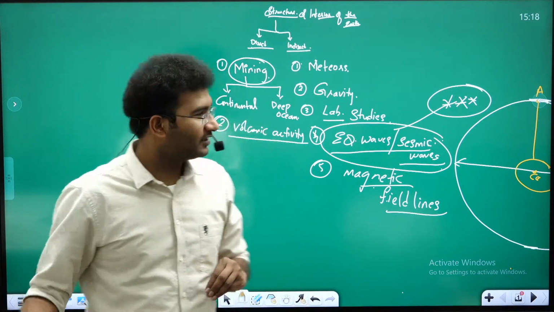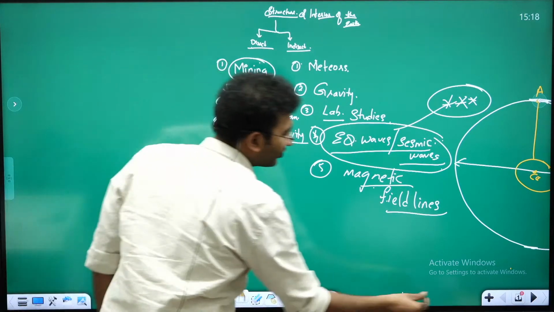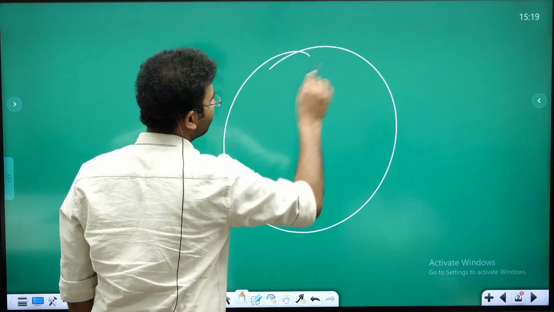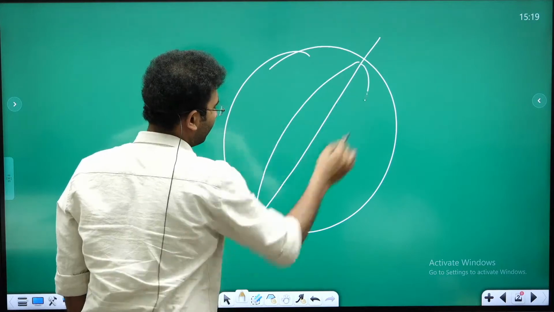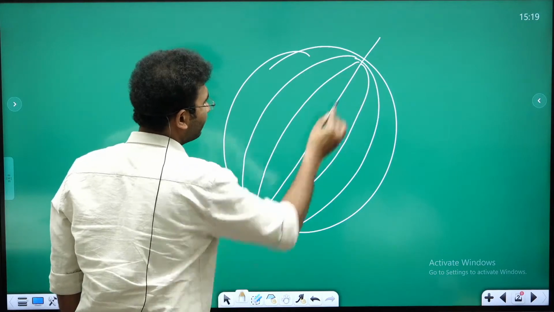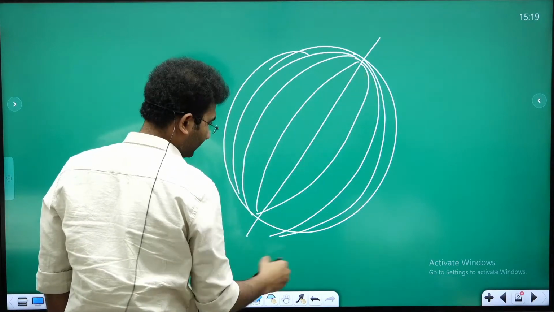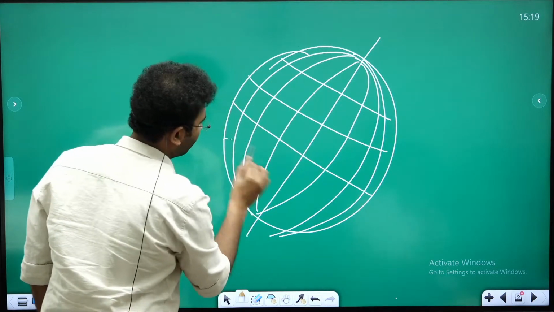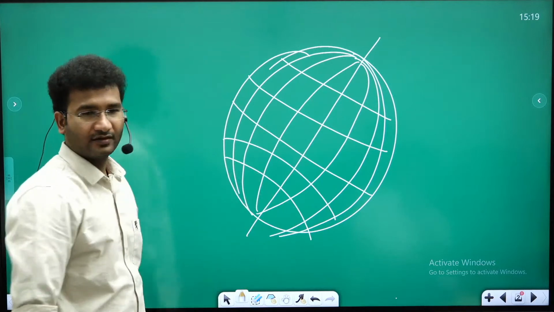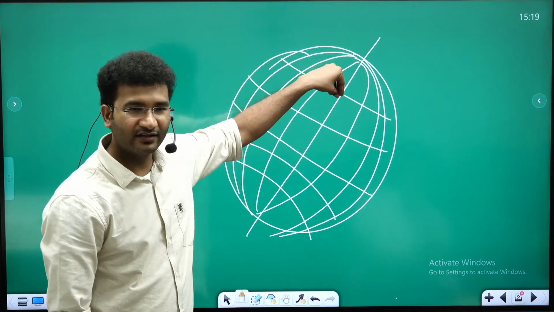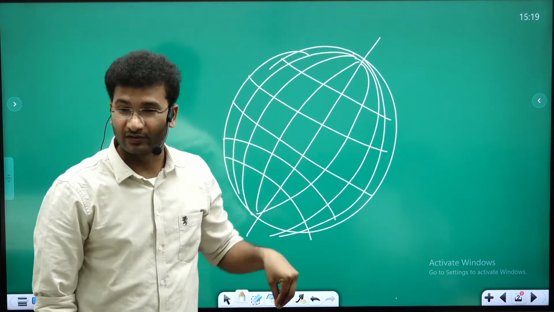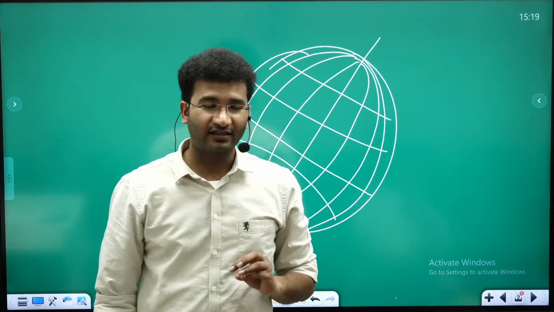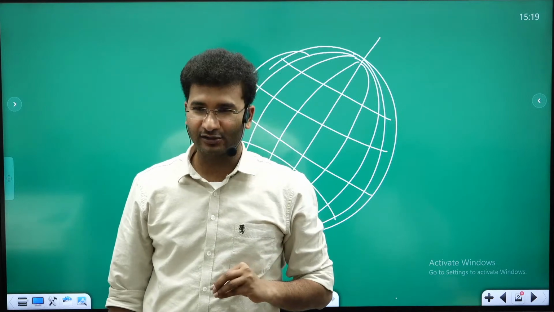देखो, firstly, mining में 2-3 issues हैं. For example, imagine that this is your earth, and earth की interiors, when you start to dig, right? As you go deep down into the interior, the density of the material also increases, and the temperature of the interior of the earth also increases.